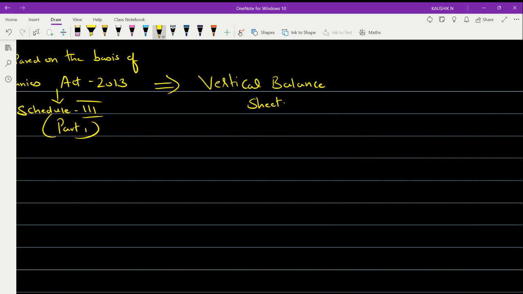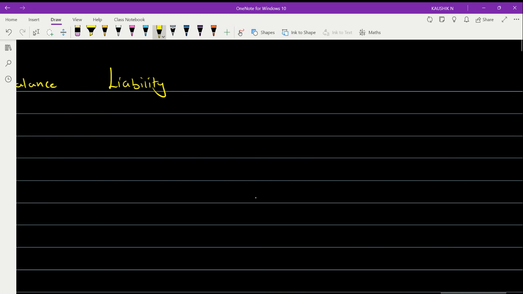Earlier, in your grade 11 and as of now in grade 12, a balance sheet means the left-hand side will be the liability side and the right side will be the asset side. On top you have the name of the company.